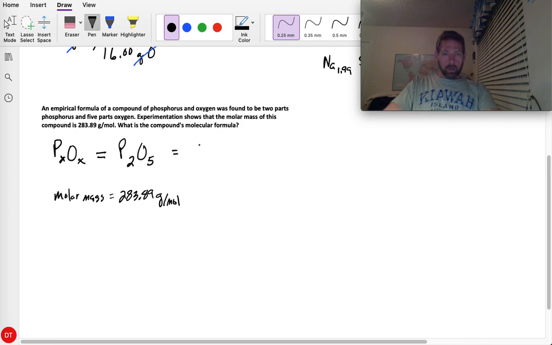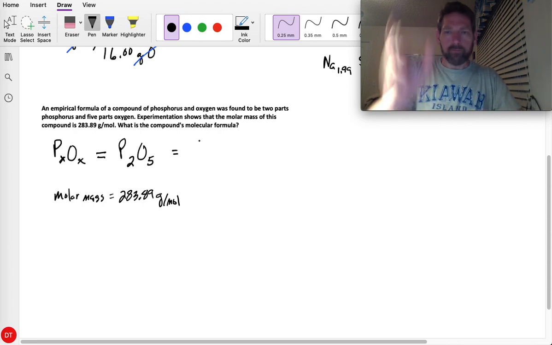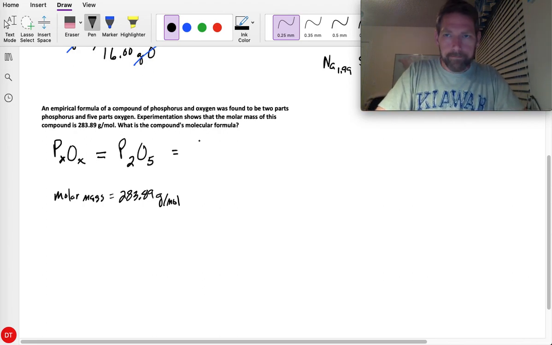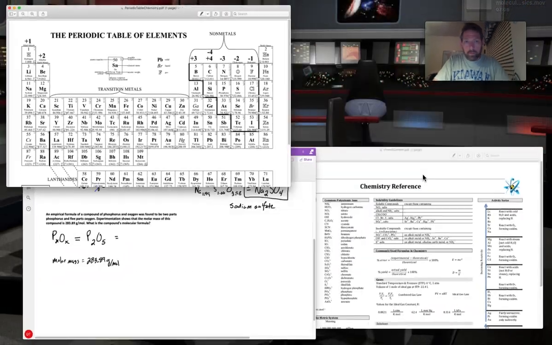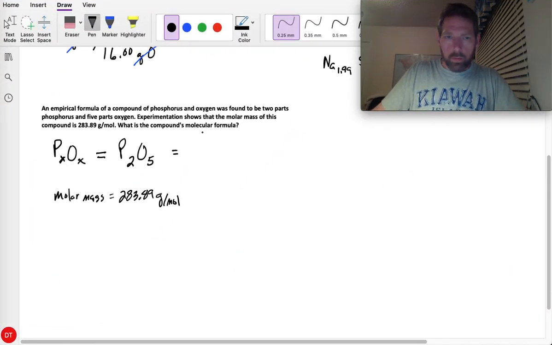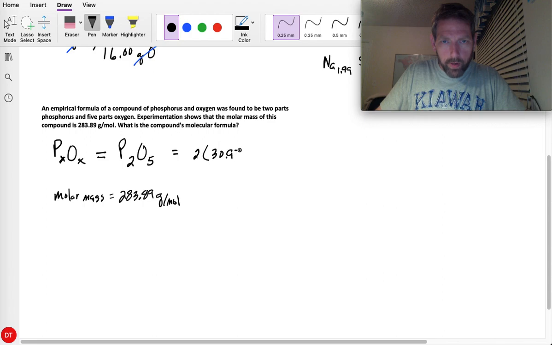So if we look at phosphorus, there's 2 of those. Let me bring up the periodic table for you. All right, phosphorus 30.97. So let's go with 30.97, right? So here we've got 2 phosphorus times 30.97 plus the oxygen, and we've got 5 of those. Remember, that's 16.00, right?